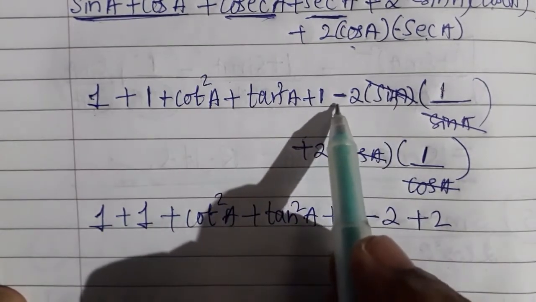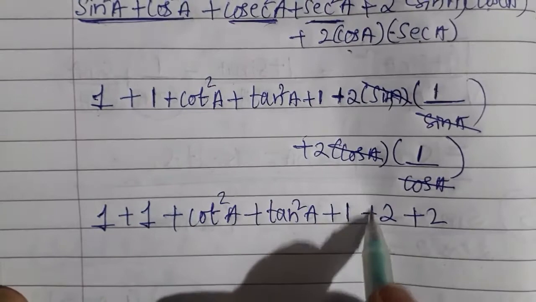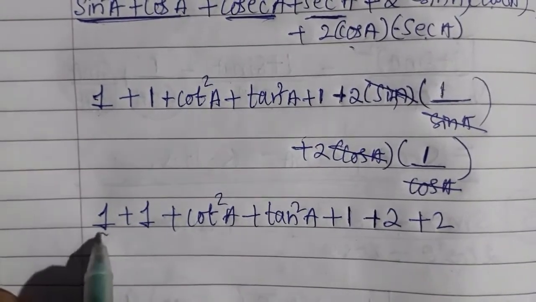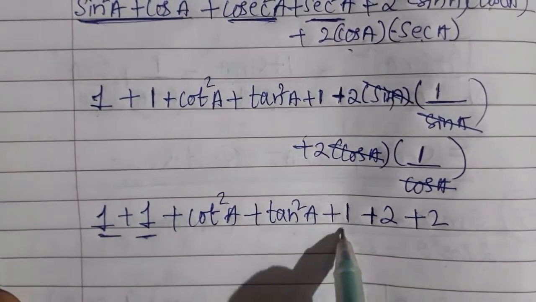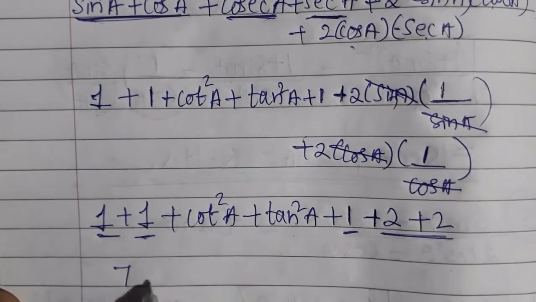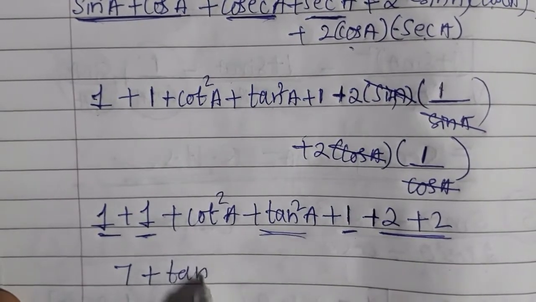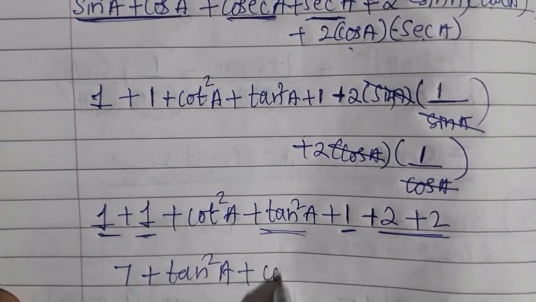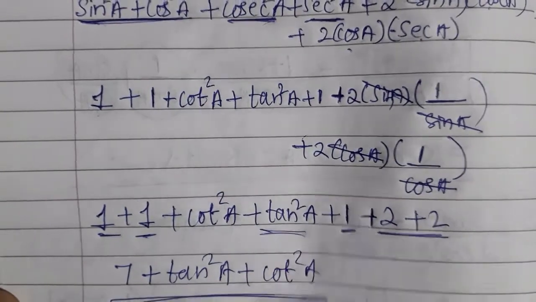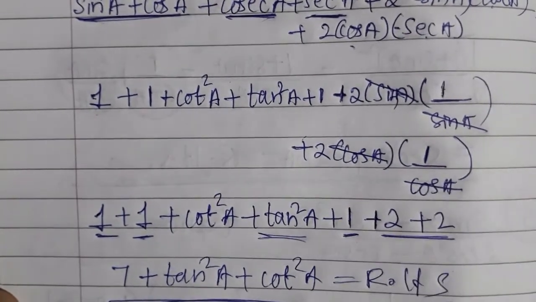Sorry, here it is not minus, it is plus. So now you count: 1 plus 1 is 2, 2 plus 1 is 3, 3 plus 4 is 7, plus tan² A plus cot² A. This is what you required on RHS. So it is proved.